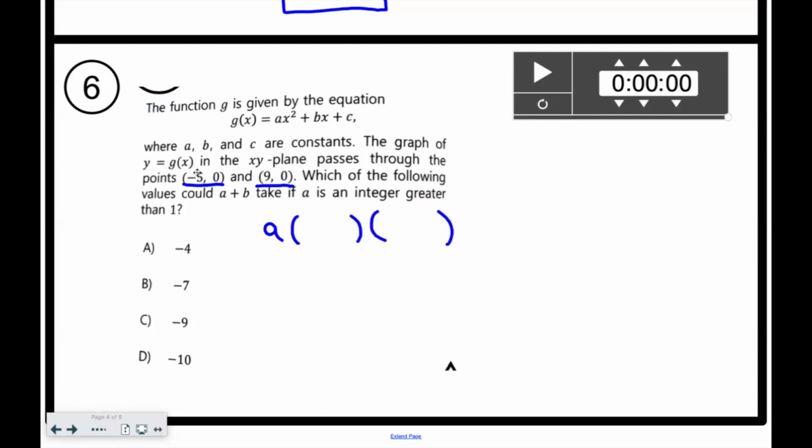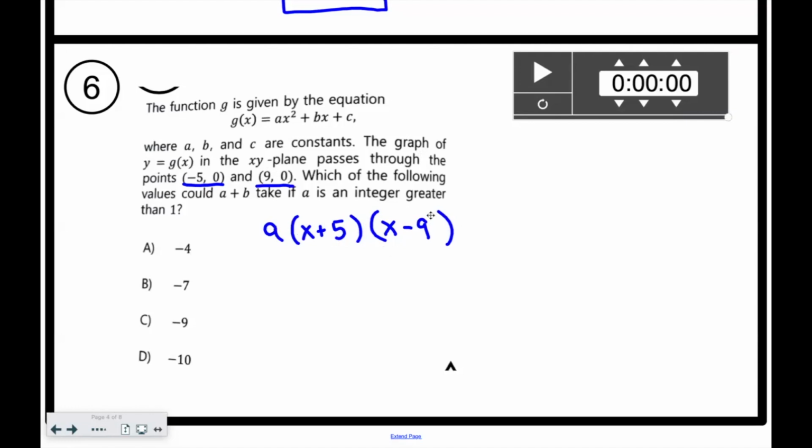So if -5 is an x-intercept, then x plus 5 would have to be a factor. And if 9 is an x-intercept, then x minus 9 is a factor. Right? Because if we set these equal to 0, we would get -5 and 9 as our answers. So we're just working backwards between zeros or x-intercepts and corresponding factors.